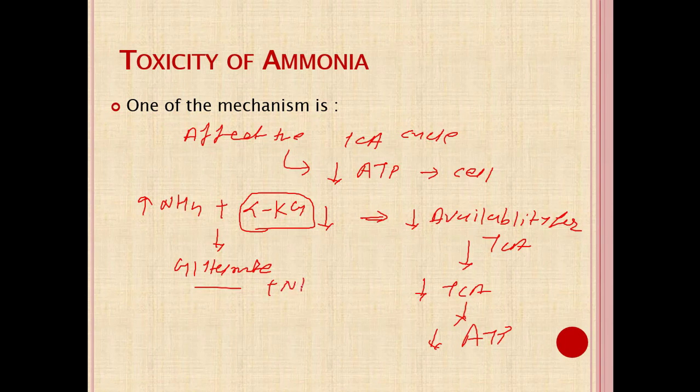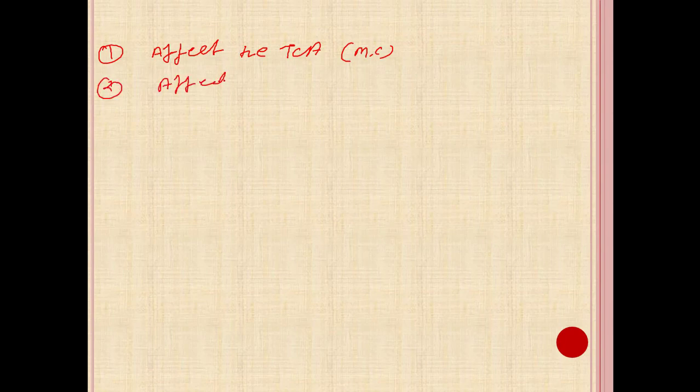When ammonia levels are increased, it also binds with glutamate and produces glutamine, so the glutamate level decreases too. So the overall mechanisms include, first, it affects the TCA cycle, which is the most common mechanism. Second, it affects the potassium channel in cells, mainly neurons, so it affects excitability. Third, by various mechanisms it leads to brain edema.